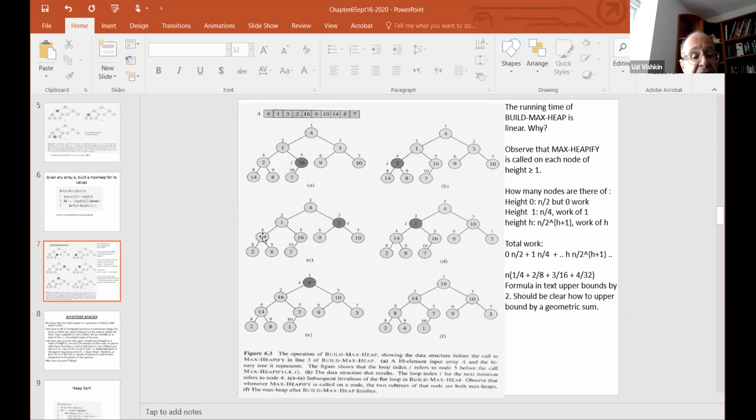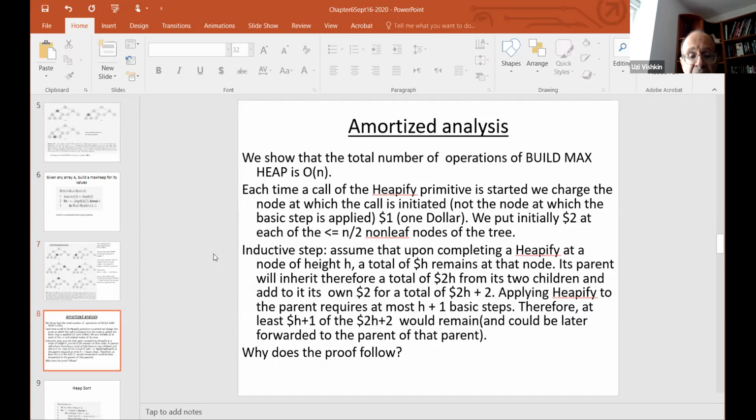For this node, the inductive hypothesis will mean that when we are done, it remains with $2. Why? Because its height is 2. And when this is done, it remains with $3 because its height is 3. There is a path of length 3 from this node to a leaf. So this is the inductive hypothesis.